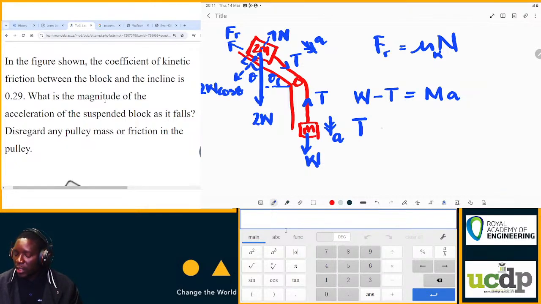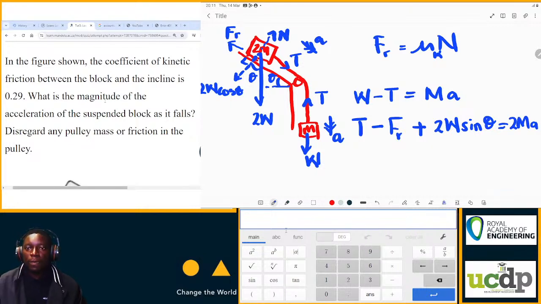That means the tension T minus Fr, plus a component of the weight down the plane, 2W sine theta, will be equal to 2m times A.